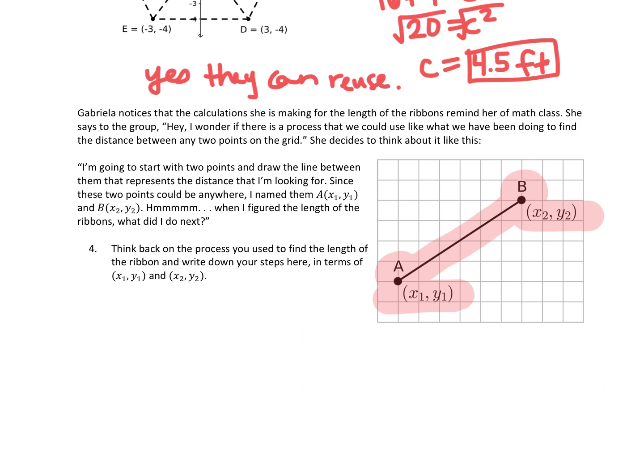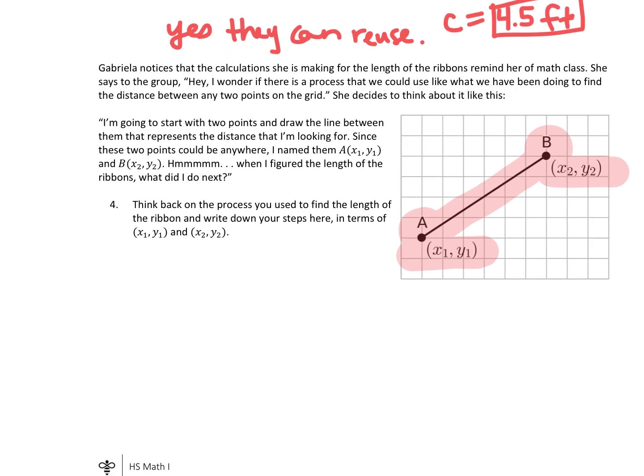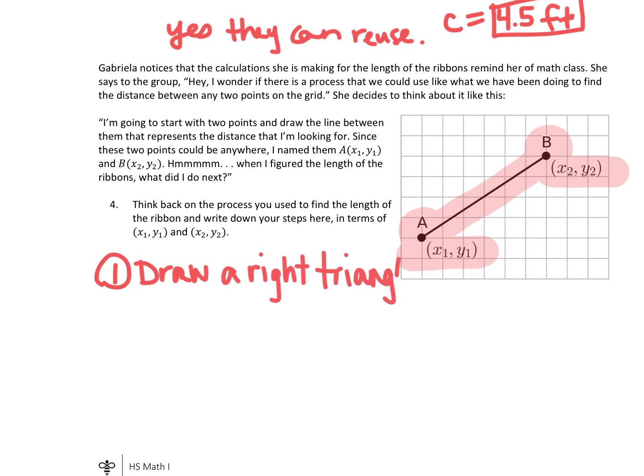When I figured the length of the ribbons, what did I do next? So it asks us to think back on the process that we just used to find the length of the ribbon and write down our steps here. So it looks like our very first step is to draw a right triangle. That's what we did on the previous 2 examples. And it doesn't matter if I draw it above or below. I'm just going to draw it here below. There's our right triangle. Once we have our right triangle, we need to find the length of our 2 legs.